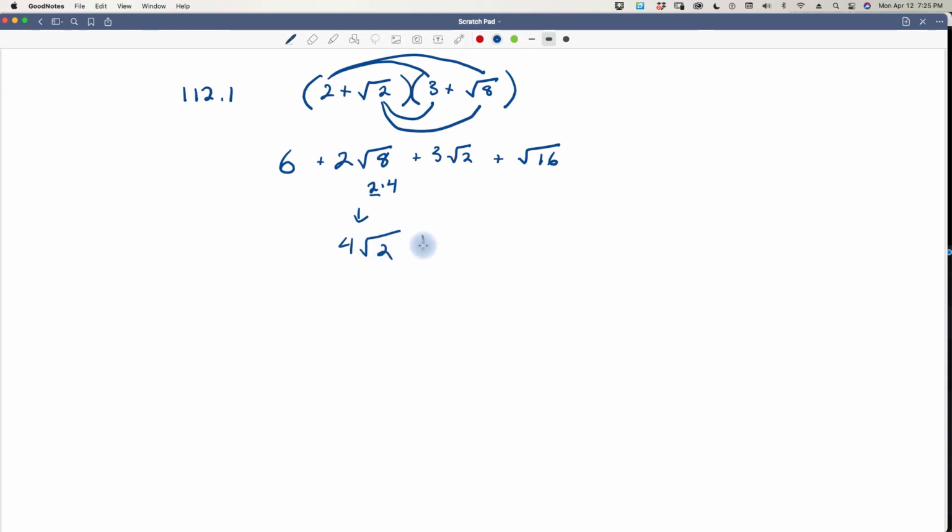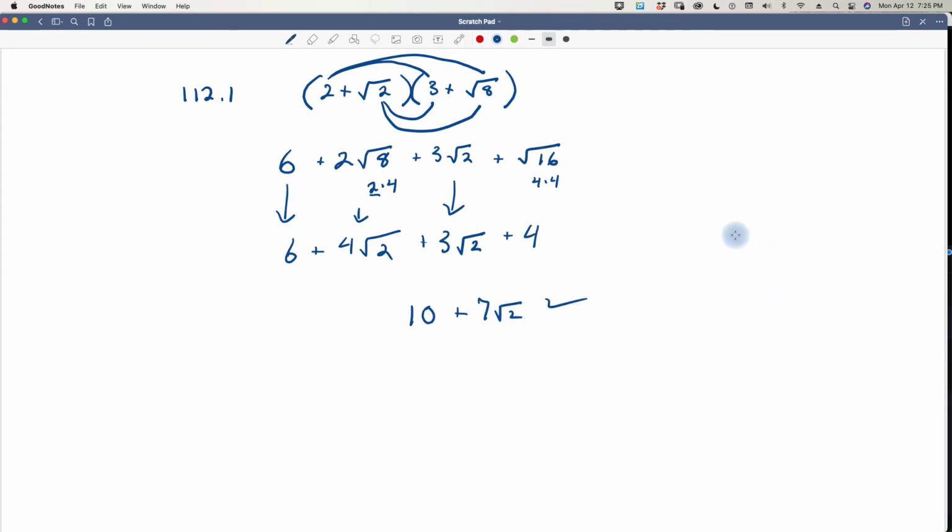All right, we can't change this one or this one. It's as simplified as it can get. But this one is 4 times 4, so we just have a 4 here. Now we can add 6 and 4, that's 10. And we can add 4 and 3, and that's 7 times the square root of 2. And that is your answer for 112.1.